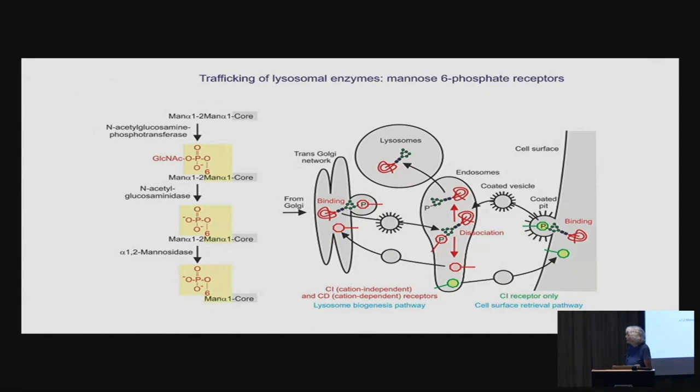That one is the cation-dependent receptor. The cation-independent receptor can also go to the cell surface and recover any lysosomal enzymes which missed the receptors in the trans Golgi, and then mediate internalization of those back to the endosomes and then to the lysosomes.